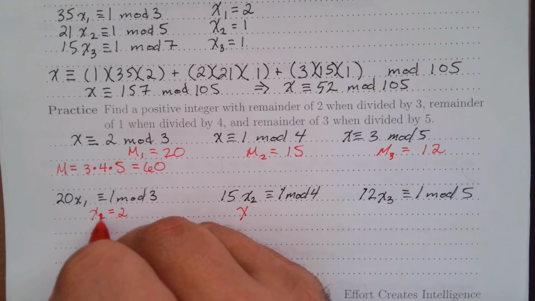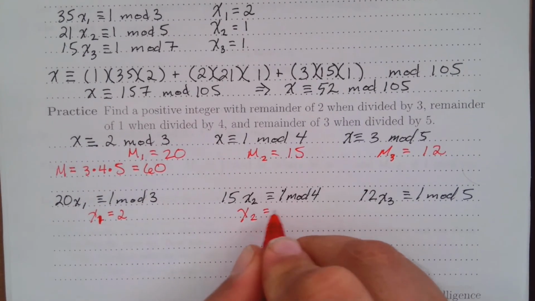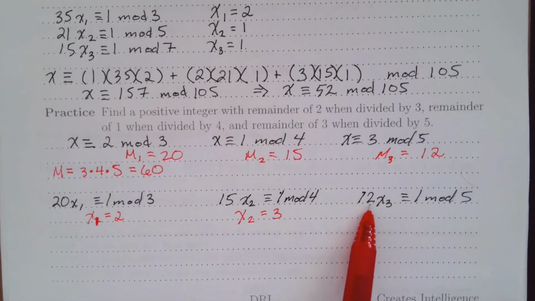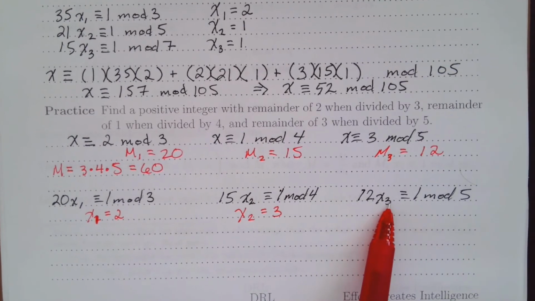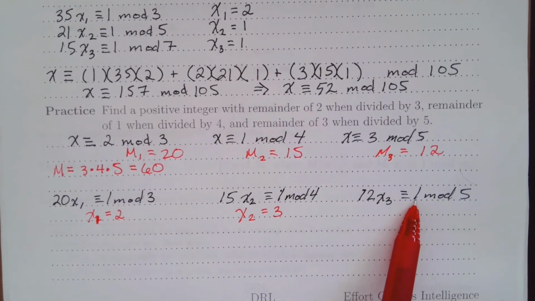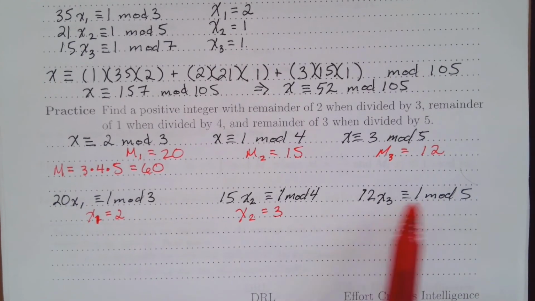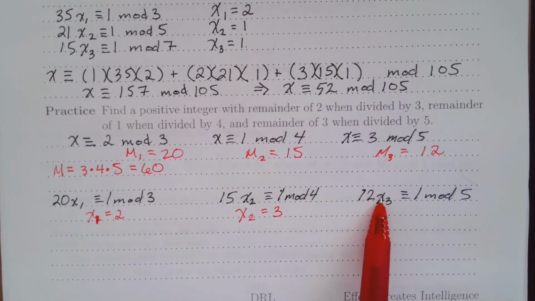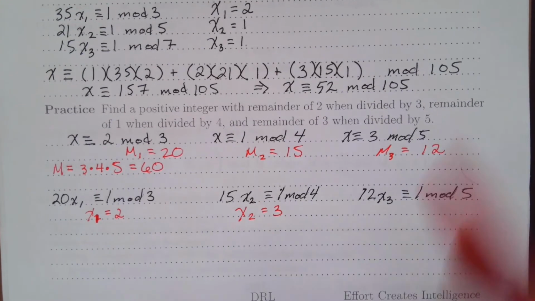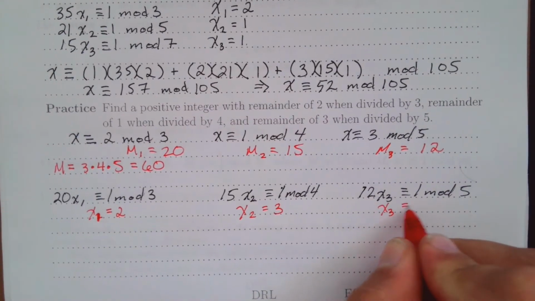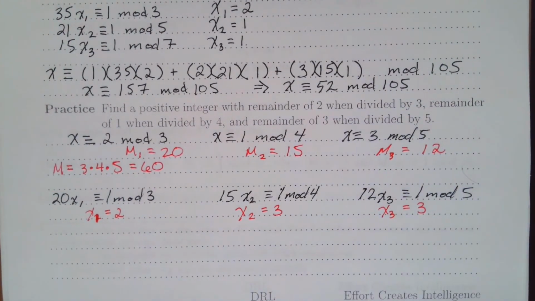So x of 1 is 2, x of 2 is 3. And over here, 12 times 1 is not 1 more than a multiple of 5. 12 times 2 is 24, that doesn't work. 12 times 3 is 36, that's 1 more than a multiple of 5. So x of 3 then is also equal to 3.